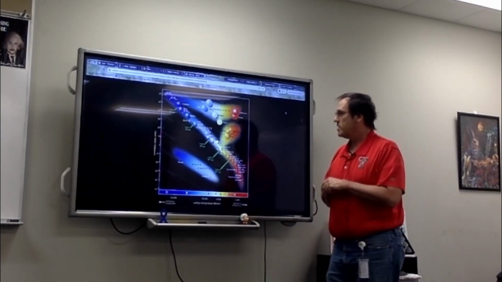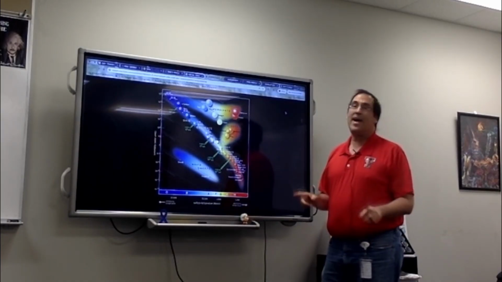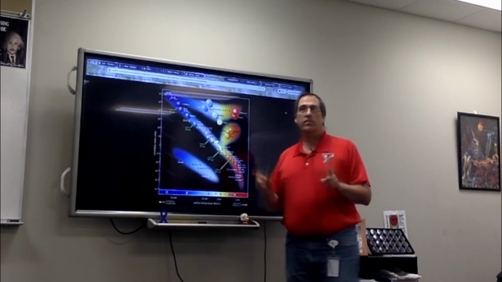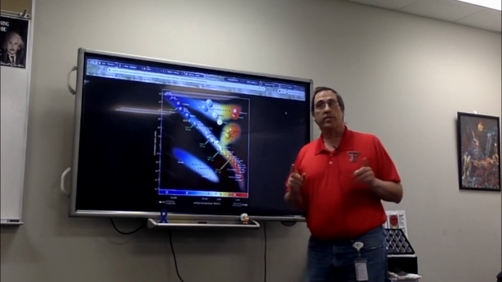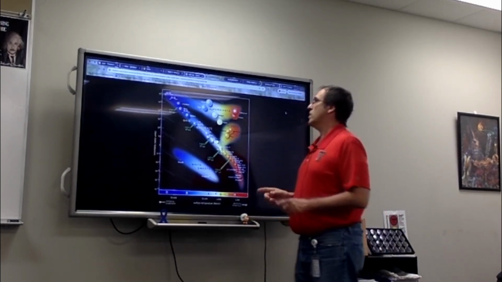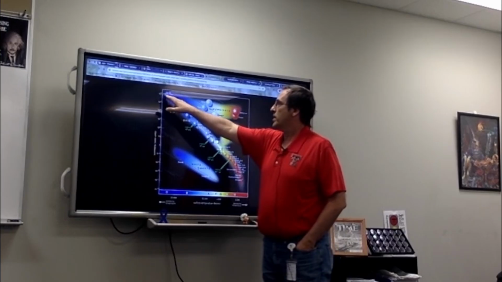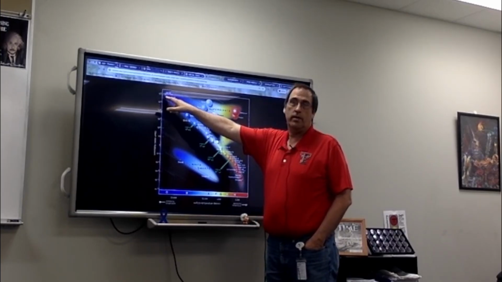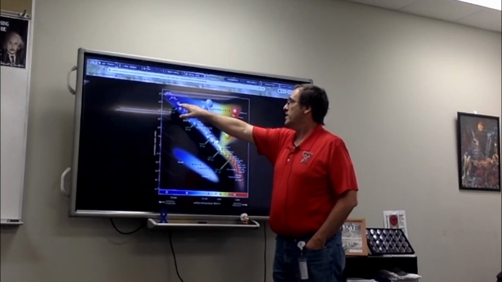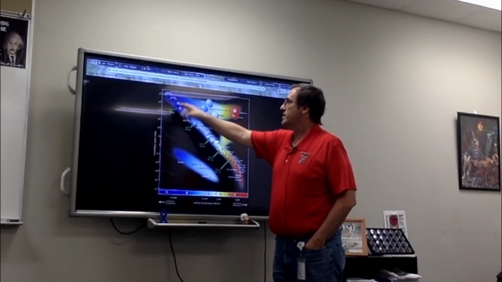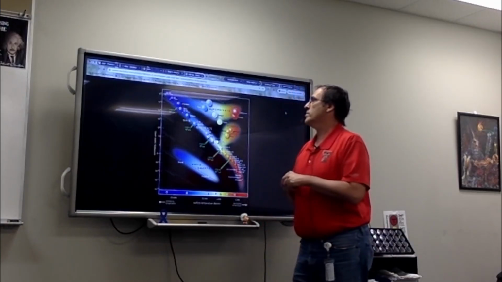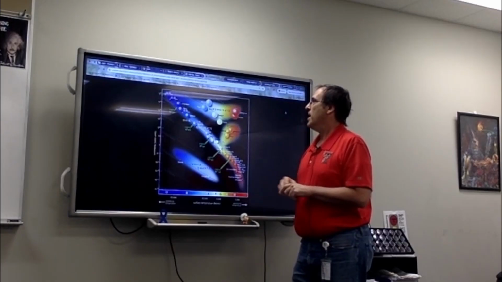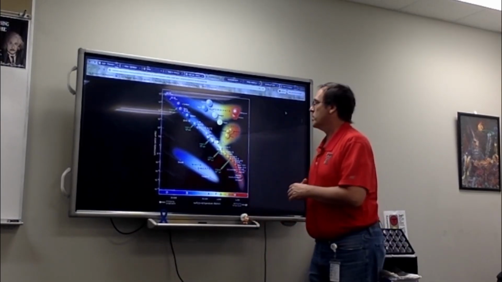Another thing is surface temperature and mass. The mass of a star is directly related to its temperature. And so when you start over here, this right here would be a 60 solar mass star if we could find one. This is Beta Centauri. It is over 10 solar radii, and it is a super massive, about 20 solar mass star.